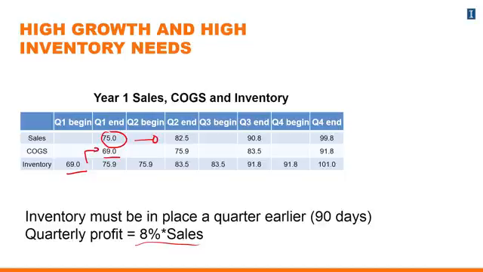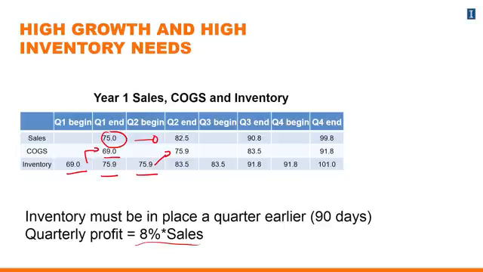So you can check that PSI is profitable. You're making a profit, which is 8% of sales by assumption. And then at the end of quarter one, what PSI needs to do is to buy the inventory for the next quarter. They are going to begin the second quarter with $75.9 million in inventory. Where is that number coming from?